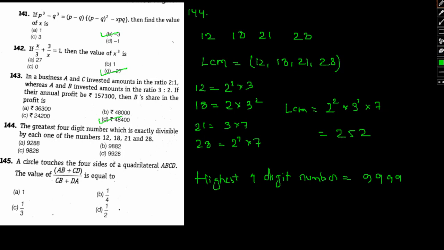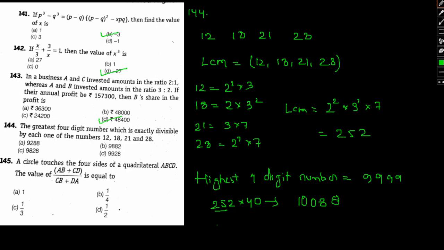So if you notice, 252 into 40 comes out to be 10080, a 5-digit number, the lowest 5-digit number which is divisible by 252.